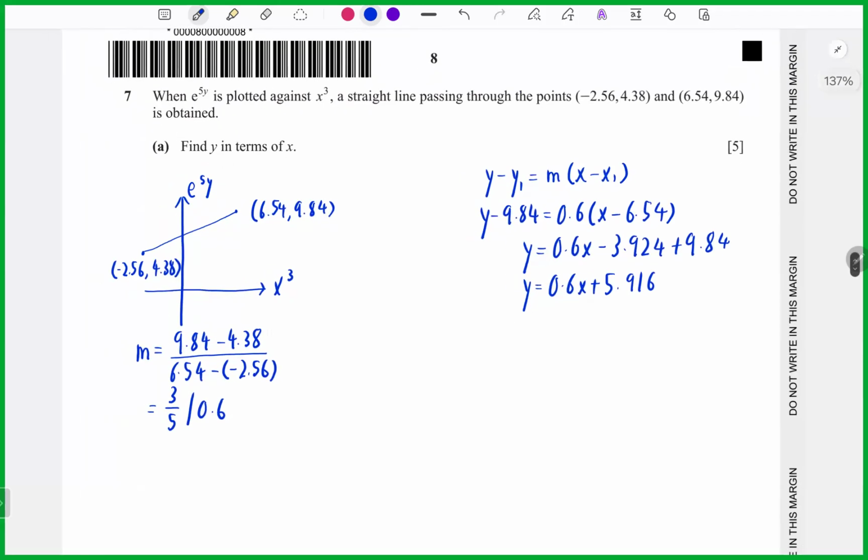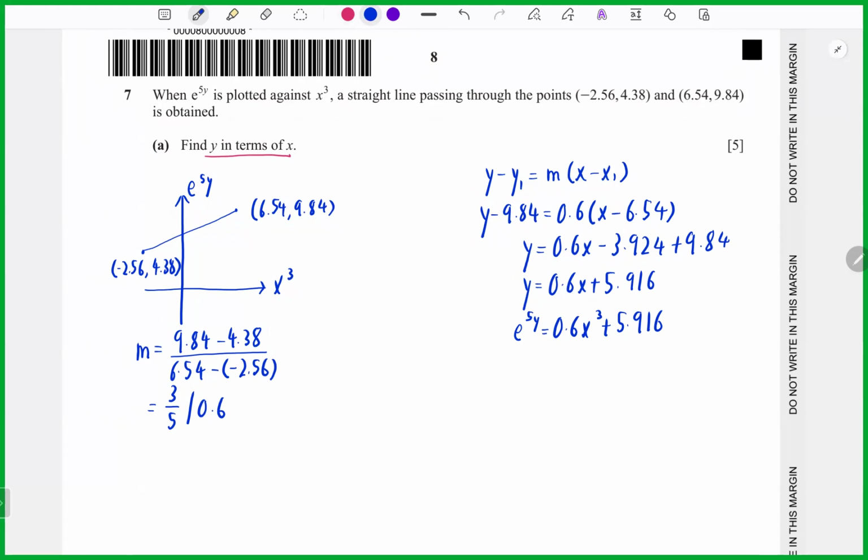Now we substitute: e to the 5y equals 0.6x cubed plus 5.916. But the question already says y in terms of x, right?